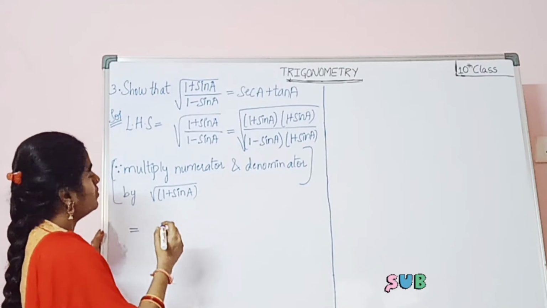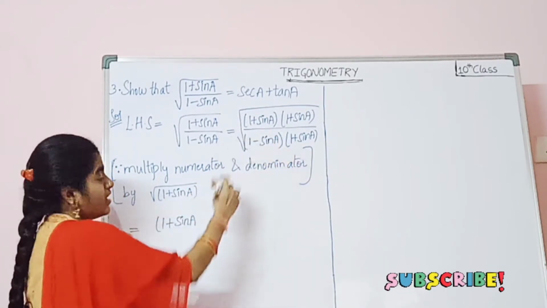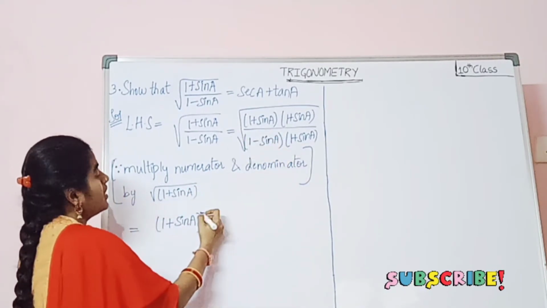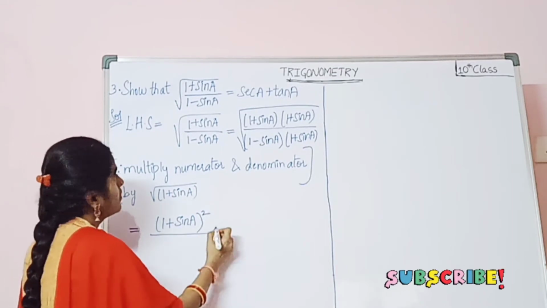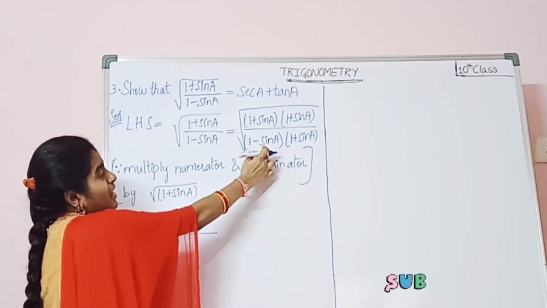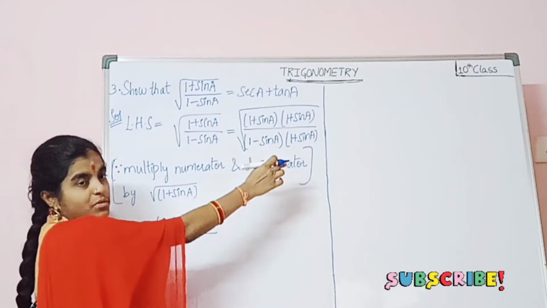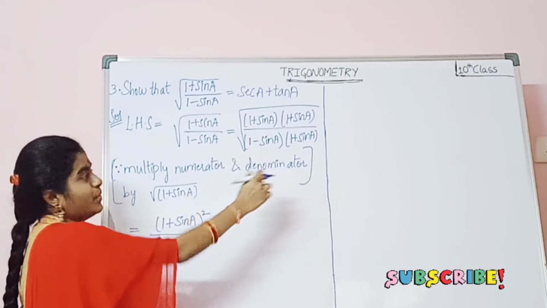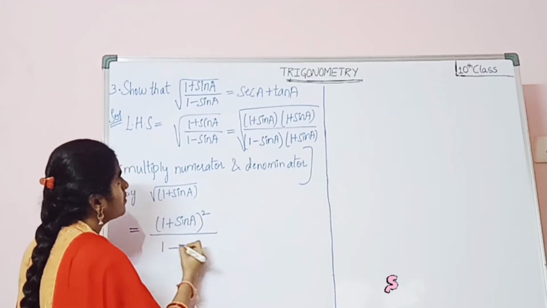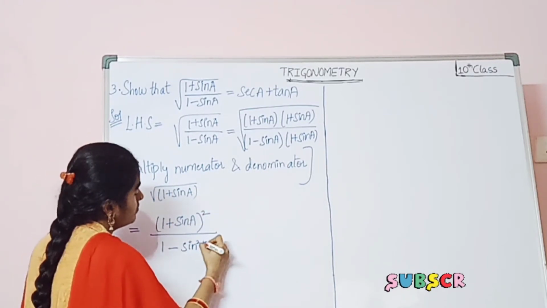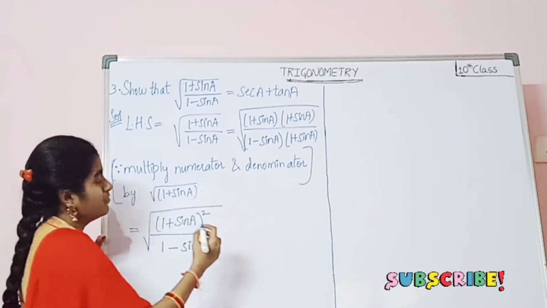That equals 1 plus sin A into 1 plus sin A, which means 1 plus sin A whole square, by, so this is in the form of a minus b into a plus b. What is the formula for a minus b into a plus b? A square minus b square. So here 1 minus sin square A under root.